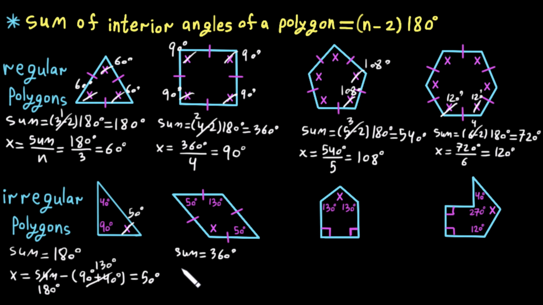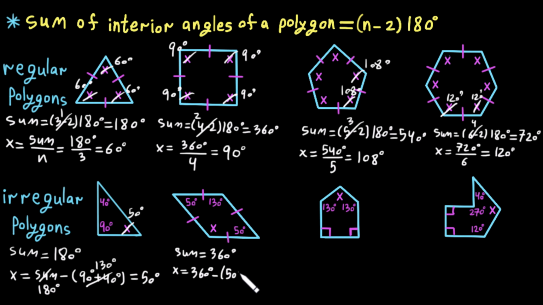Now to find this x, we have to write it like this: x equals 360 degrees, exactly as here. We have to write here the sum. Here I didn't write the sum, I substituted immediately 360 degrees minus the sum of the remaining angles here, which is 50 degrees, 50 degrees, 130 degrees.